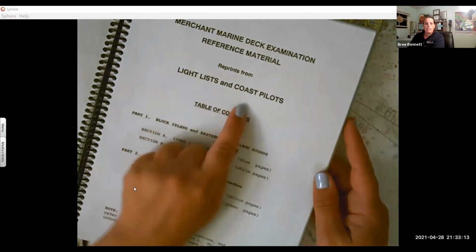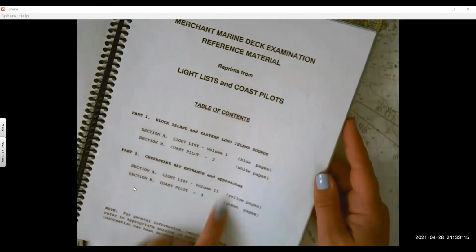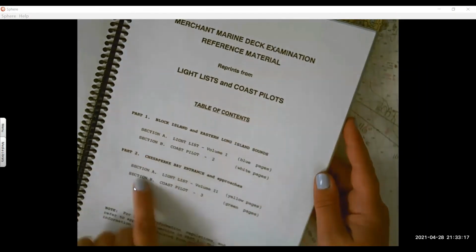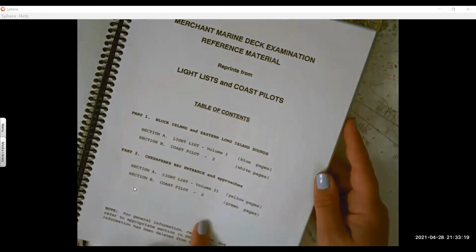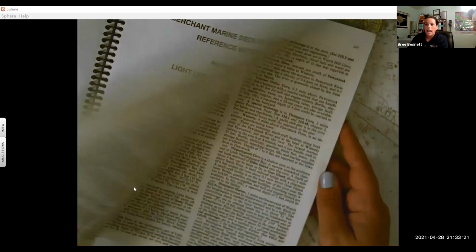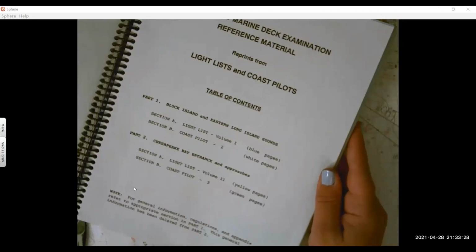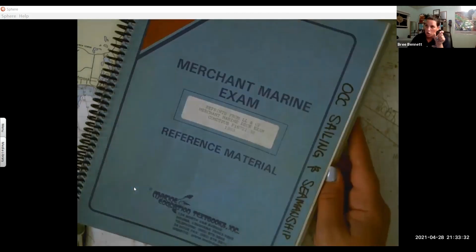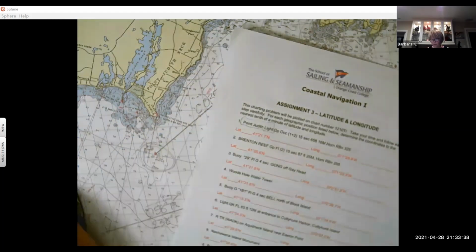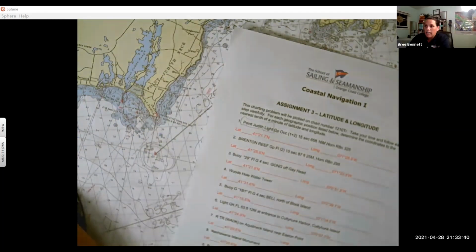It's the light list and the Coast Pilot for the training charts. And I'll add that to the references on the Google Classroom. When it's in PDF, you can literally Control F, Point Judith, and find it. Okay, thank you. I will do that right now. Okay.